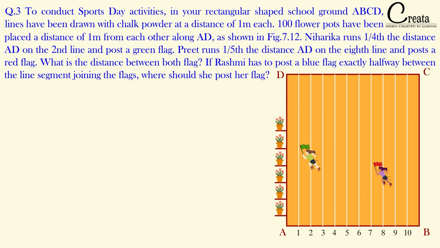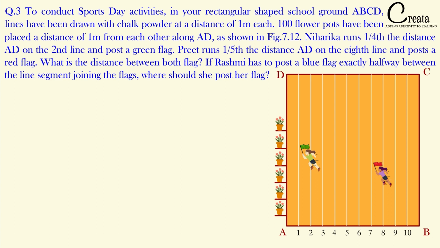Niharika runs 1/4 of the distance AD on the second line and posts a green flag. Preet runs 1/5 of the distance AD on the 8th line and posts a red flag. What is the distance between both the flags? If Rashmi has to put a blue flag exactly halfway between the line segment joining the two flags, where should she post her flag?